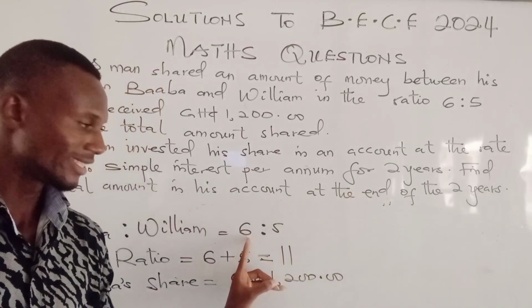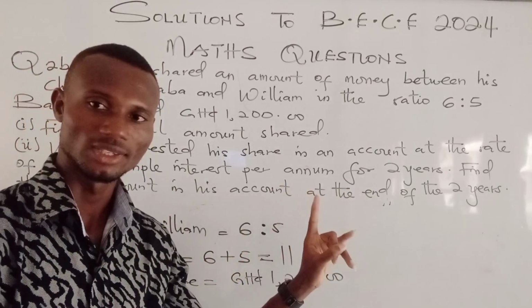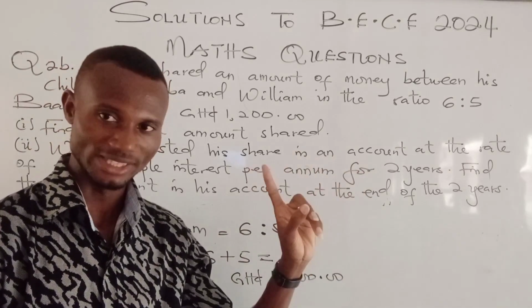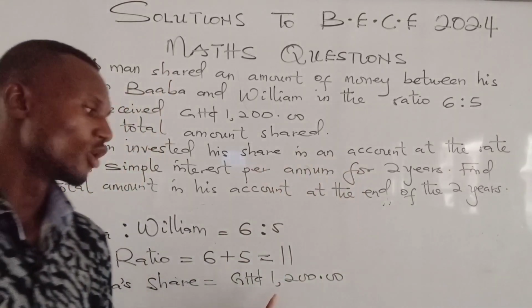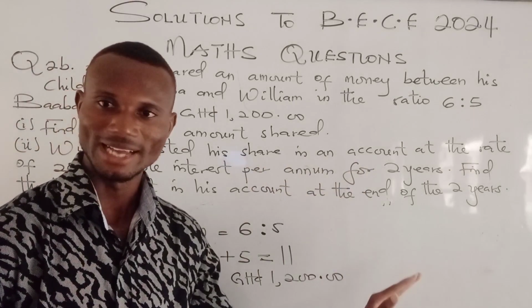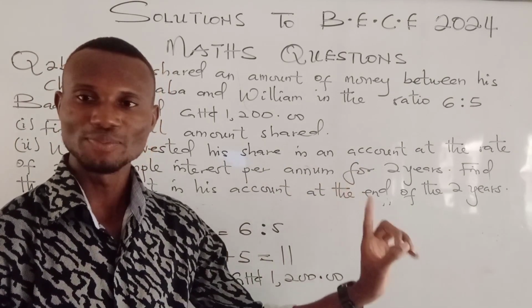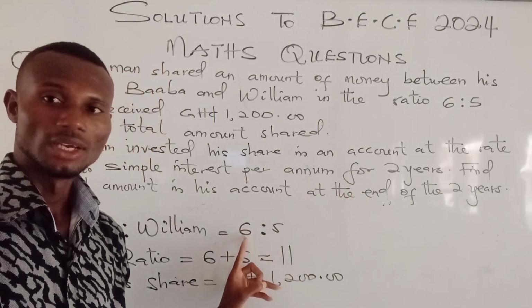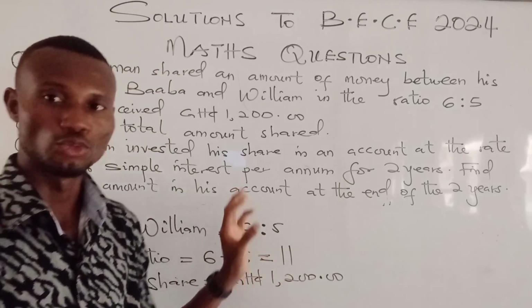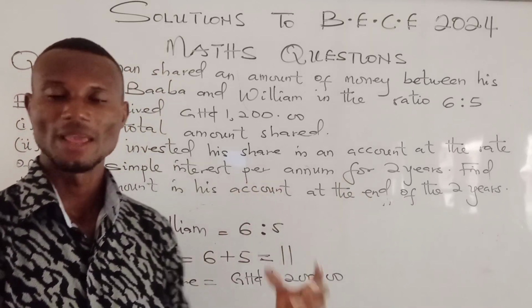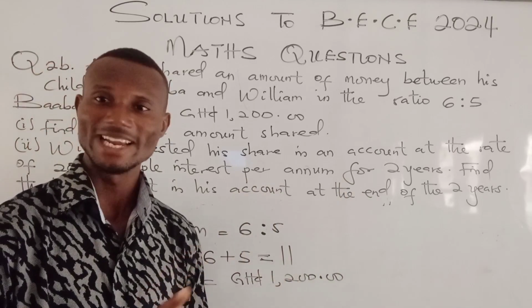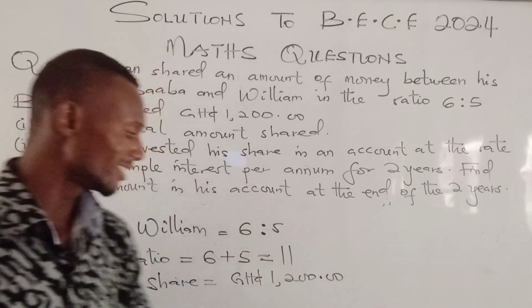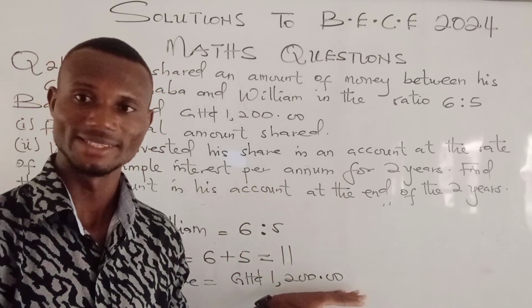Now 6 here represents the amount that Baba received, keep it in mind. And also we have that Baba's share equals 1,200 Ghana cedis. What does it tell you? It means that the 6 here, the ratio that represents the amount that Baba received, has its equivalent value in Ghana cedis as the 1,200 Ghana cedis.